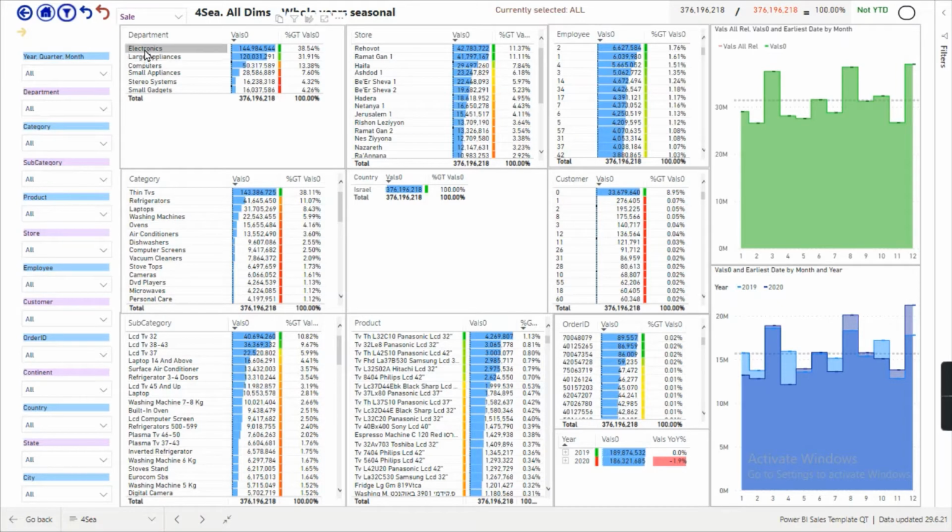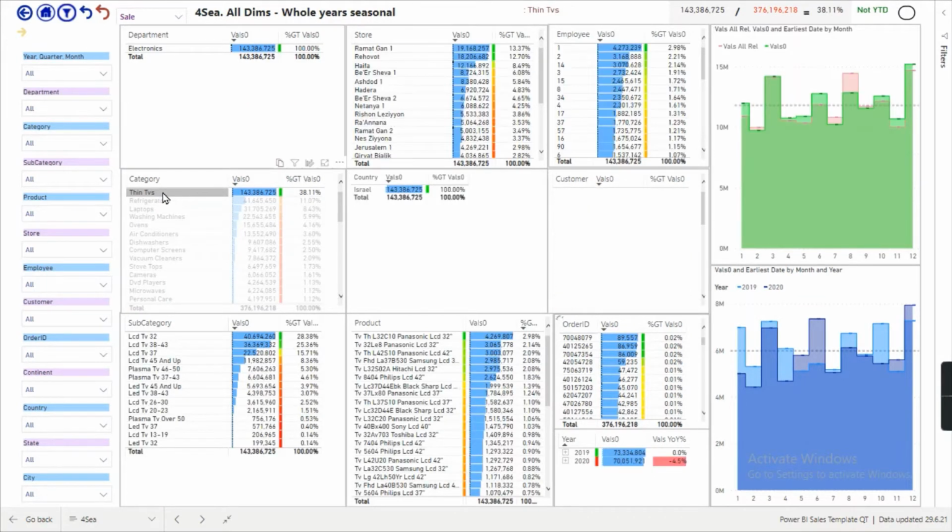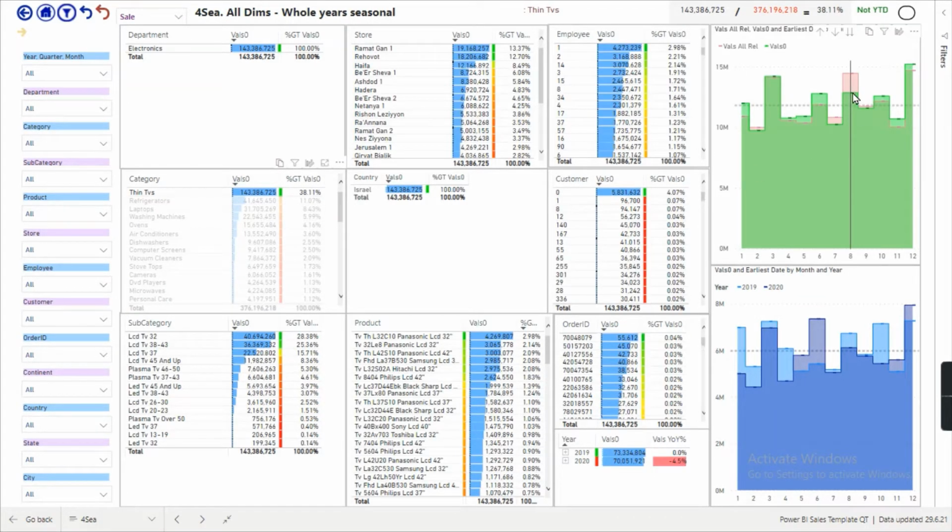Let's focus on thin TVs to see if they are different from the whole chain. We see that month 8 is a little under the average, but month 12 is over the average. Okay, little differences, not a lot.